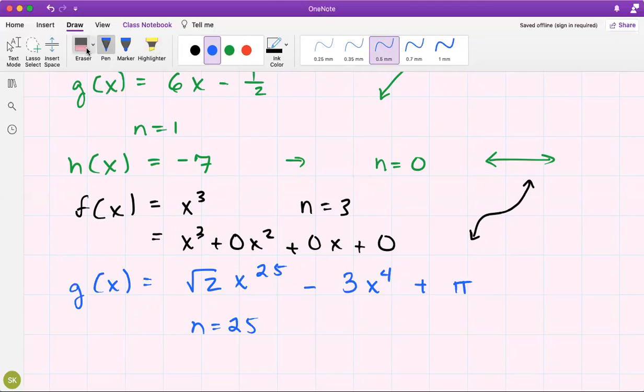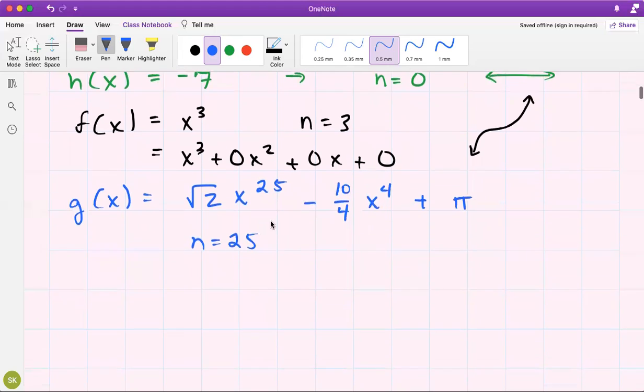And instead of this 3, you can put a fraction, let's say something like 10 over 4. So all of these numbers here are real numbers. As long as you don't see an i, and as long as the powers for these x's are non-negative integers, then you have a polynomial function. So let me give you some non-examples.